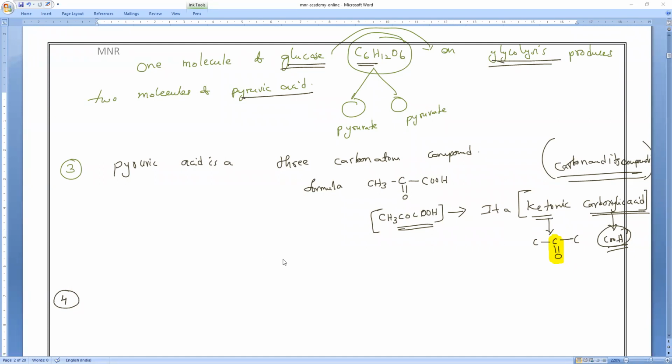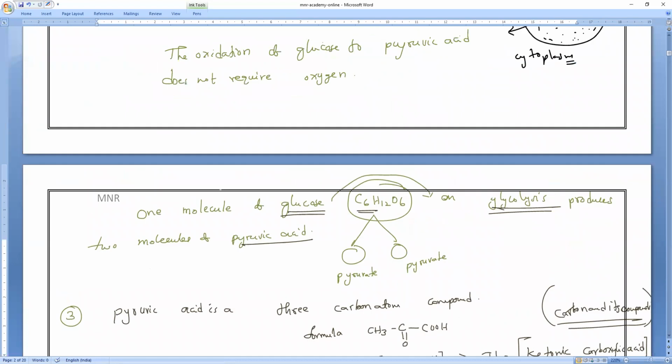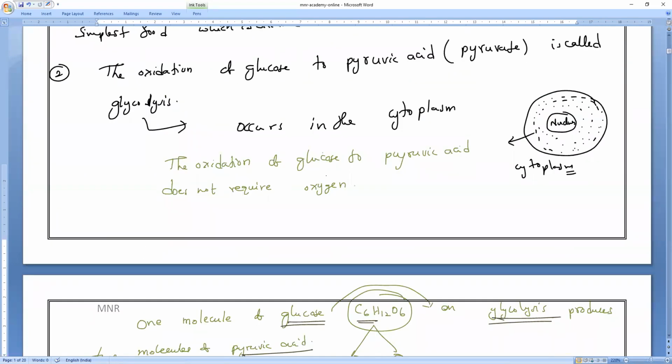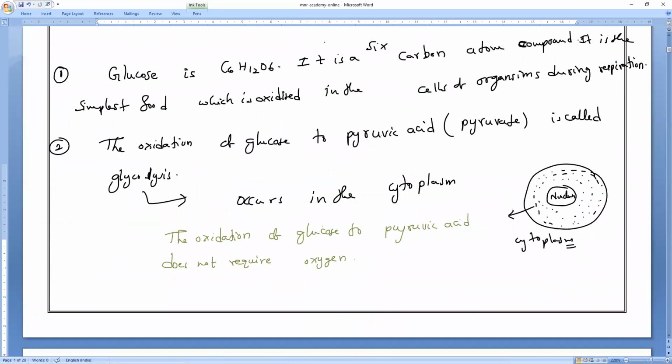And you have to remember, as I told you, this pyruvic acid forms with oxygen or without oxygen. So the pyruvic acid will form during respiration, whether oxygen is present in the cell or not. Do you all understand, everybody?